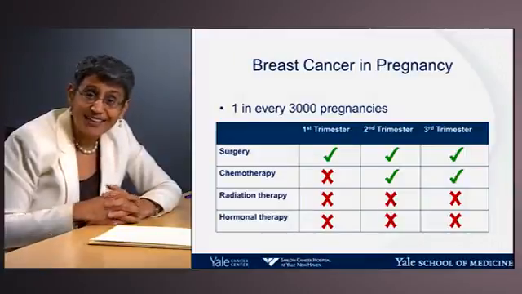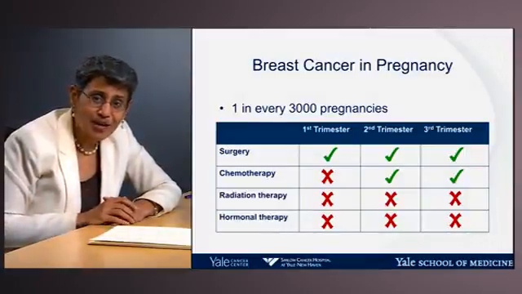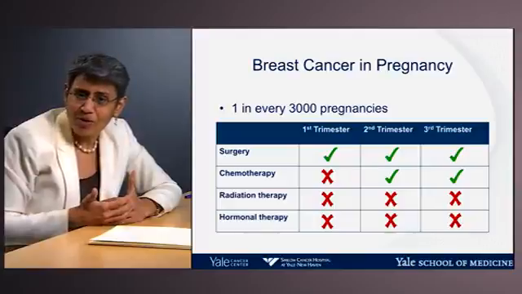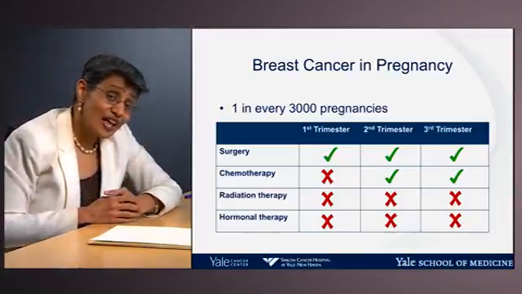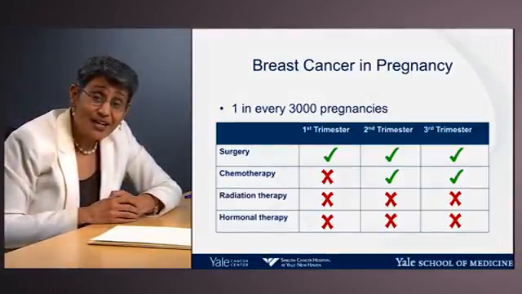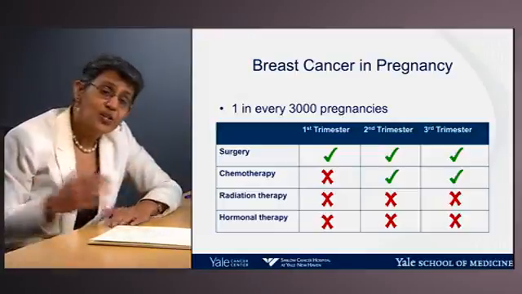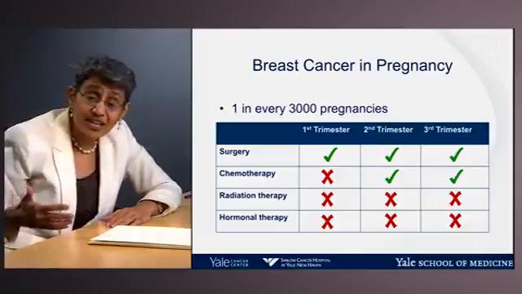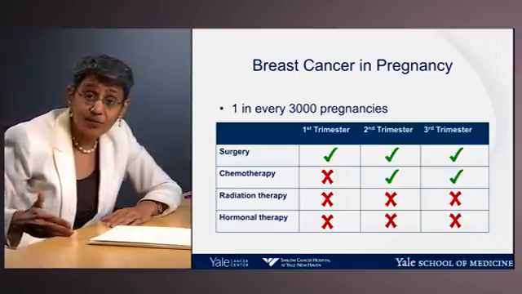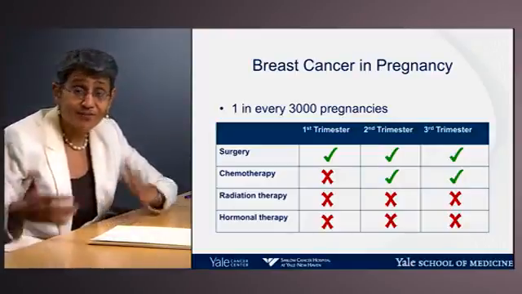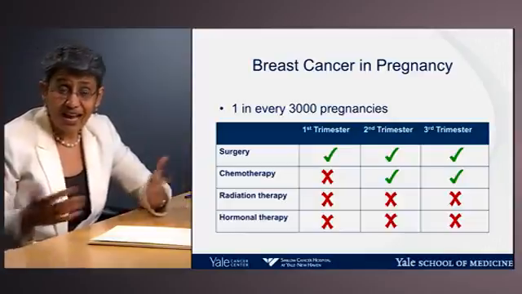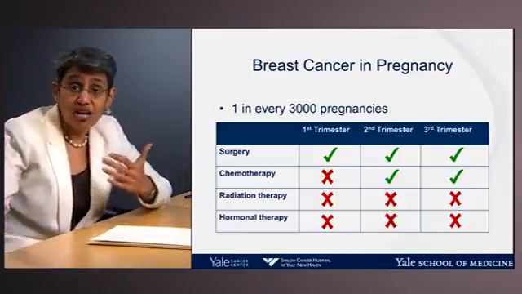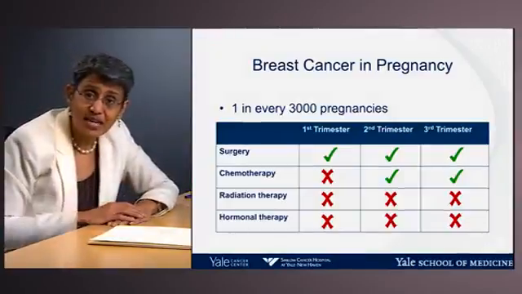But we can do that and still maintain a viable pregnancy. What about chemotherapy? The newsflash is chemotherapy is actually quite safe, especially in the 2nd to 3rd trimester. People have done studies looking at women who have gone through chemotherapy in their 2nd to 3rd trimester. Their children are fine and don't have any cognitive or other problems even out to 18 years.